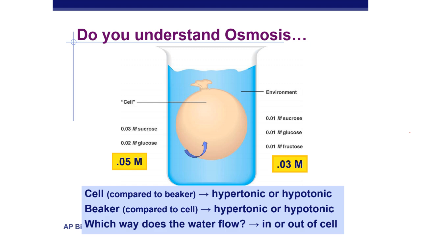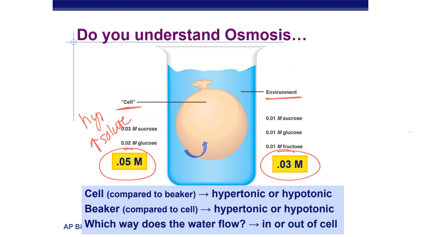The concentration of stuff in the cell is at 0.05, and the concentration of stuff in the environment in the beaker is at 0.03. So this one has a higher solute, which means it is hypertonic, which means I've got less water here. The environment is hypotonic, so a lower solute, which means it's going to have more water.